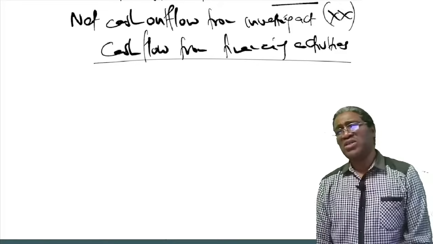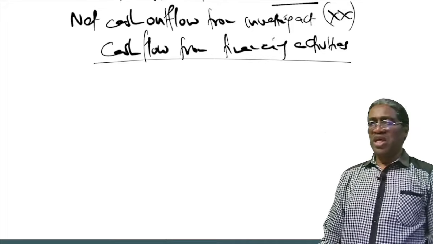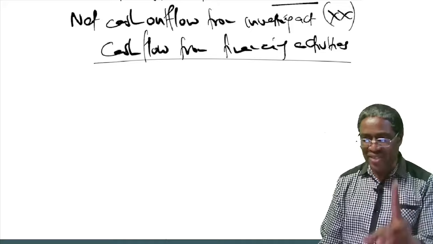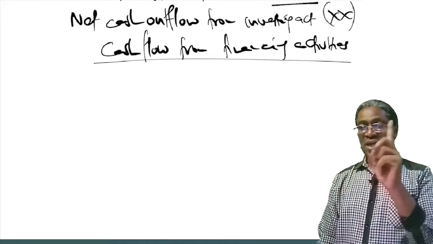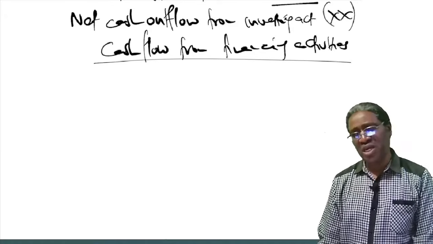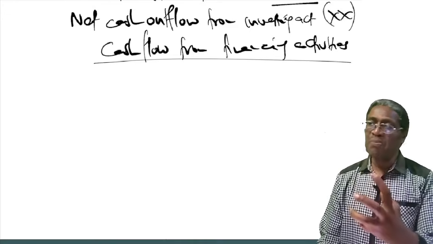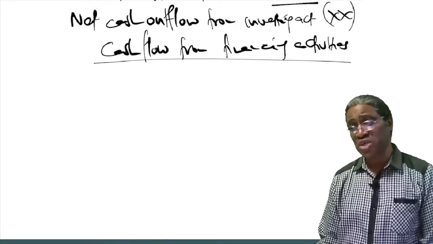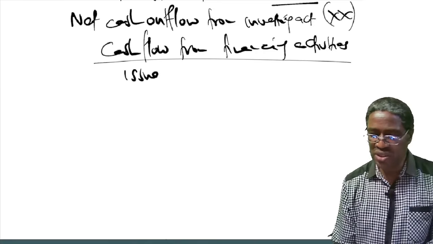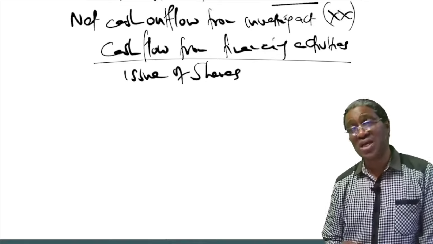Of course, I've already said something about it, and I told you, financing activities are those transactions that affect finances. Any transaction that affects finances of a company should be classified as a financing activity. For example, you as a company wanted to raise more finances, you issued shares. So issue of shares becomes an example of financing activity.